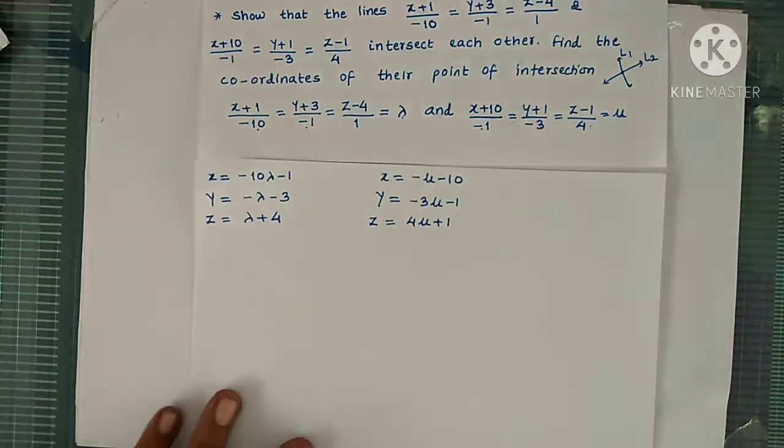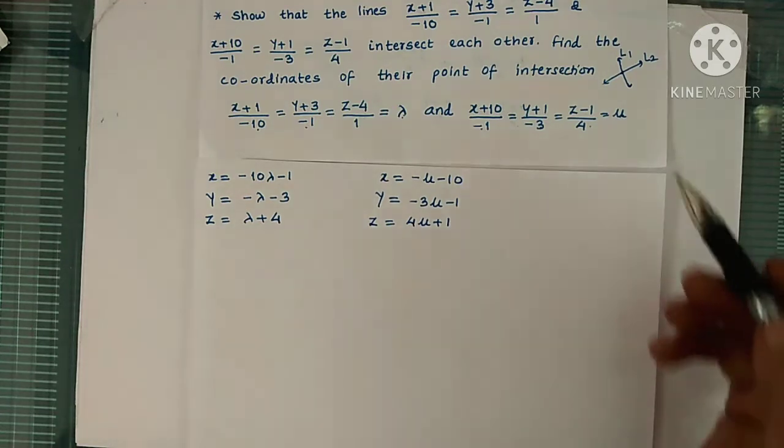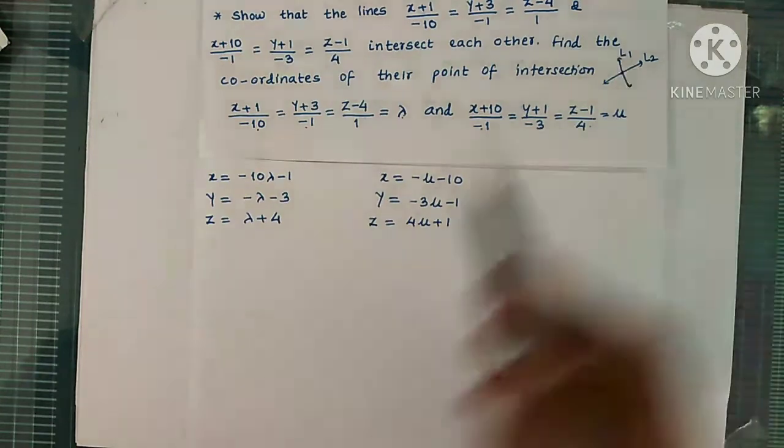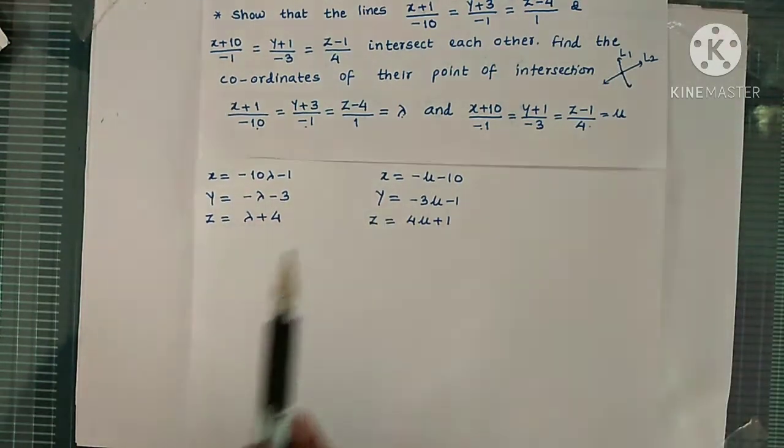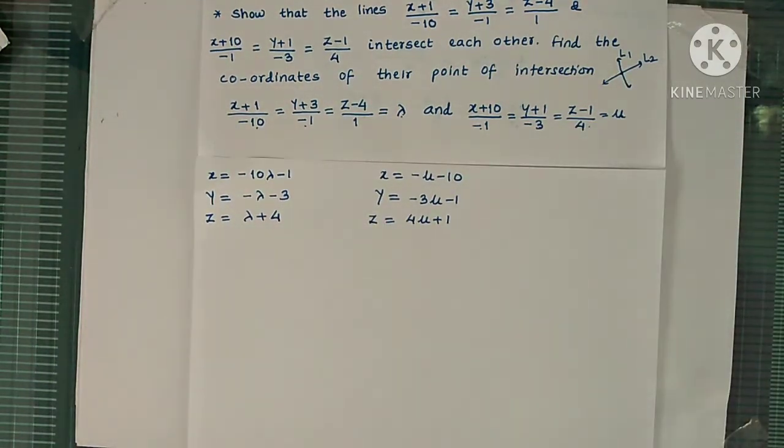So for different values of mu, we get different points on the second straight line. But for the point of intersection, these x, y, z and these x, y, z are equal. So for some value of lambda and mu, if these two are the same, that means those two lines intersect. So let's find out whether such a value exists or not.